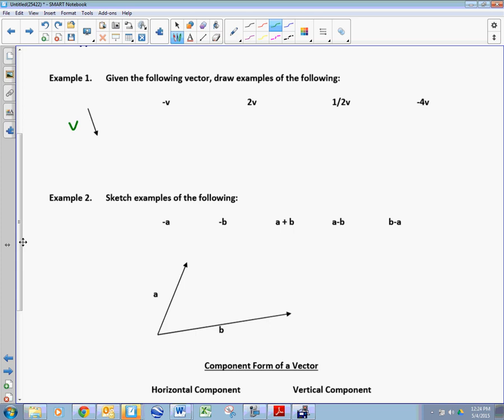So negative V means that it's a vector of the same length, but it goes in the opposite direction.